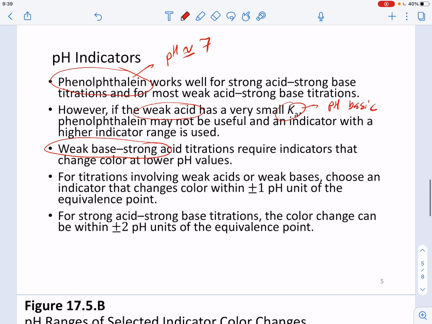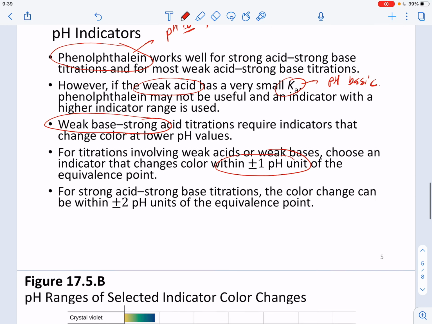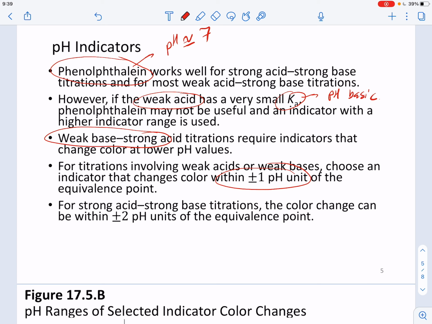So you are looking for indicators that will change within 1 pH unit of the equivalence point. For strong acids and strong bases, the equivalence point region is wider, like in this case, so you can afford to have indicators that change within 2 pH units of the equivalence point.